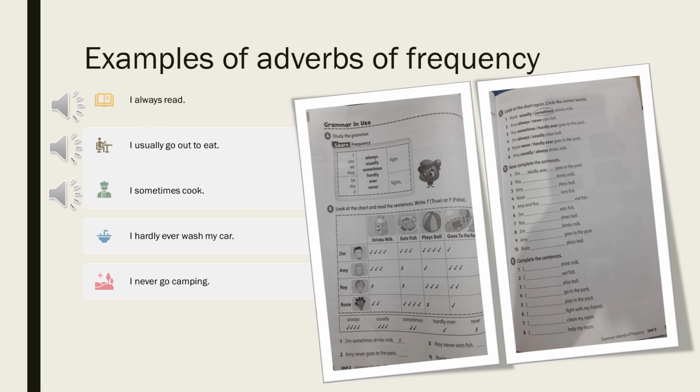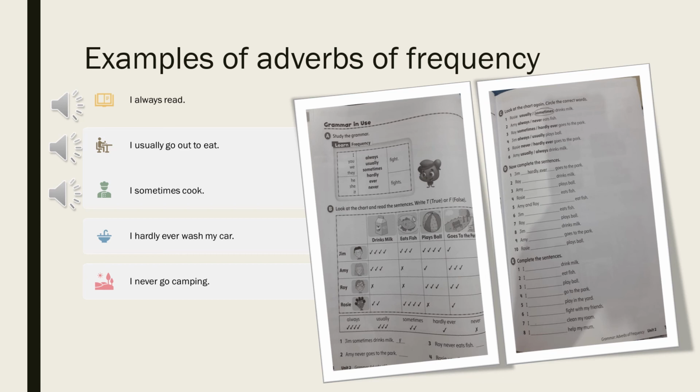Okay, so Rosie usually or sometimes drinks milk. Which one is the correct one? Go in the Rosie one. Yes, the box shows Rosie sometimes drinks milk, so you will circle sometimes.